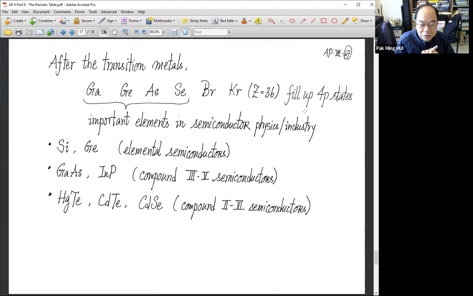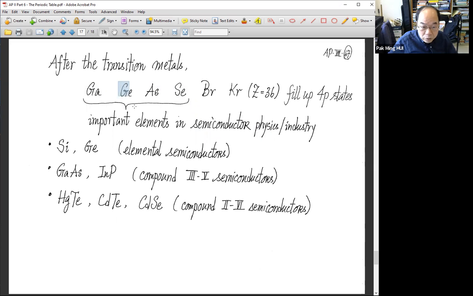Then after the transition metals in the periodic table, you hit something also very useful. You will soon hit gallium, germanium, arsenic, what is this? Selenium. So these fields are very important in the semiconductor industry.